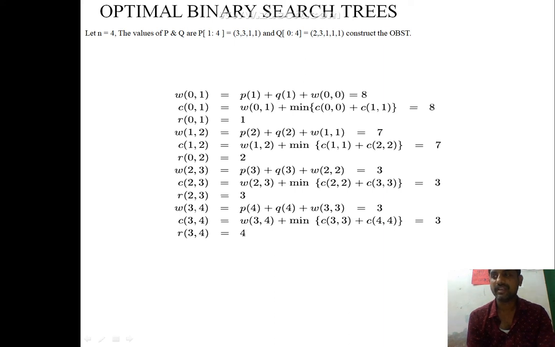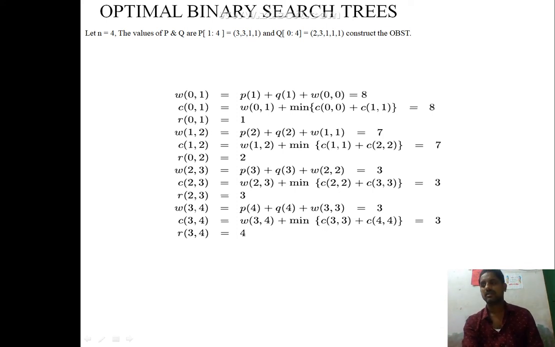During each computation, record R of i comma j for each tree T of i comma j, so that the optimal binary search tree can be constructed. Also, W of i comma j equals P of j plus Q of j plus W of i comma j minus 1.